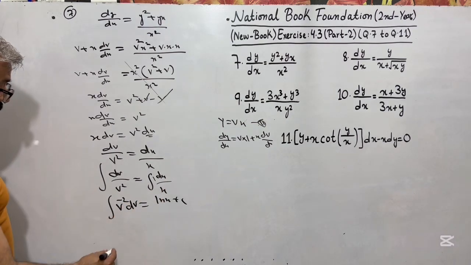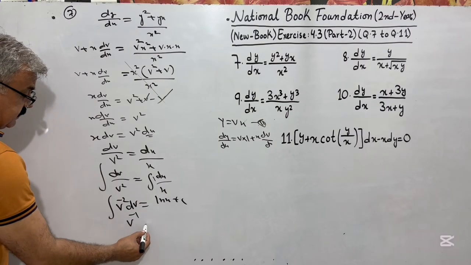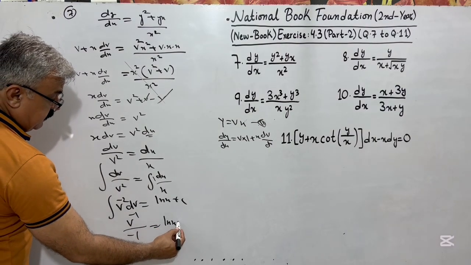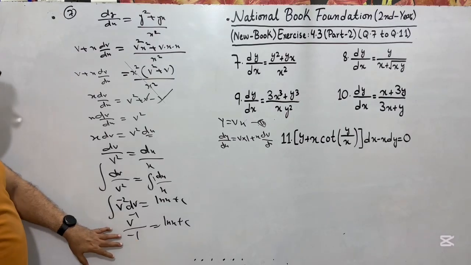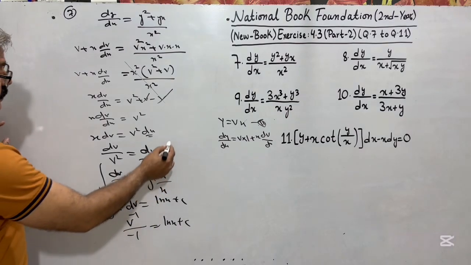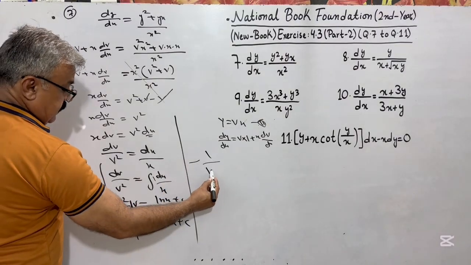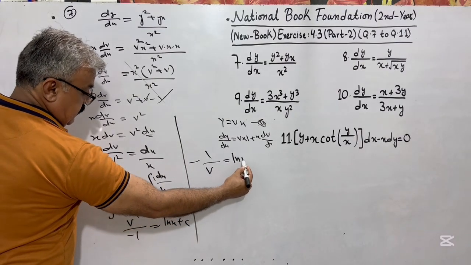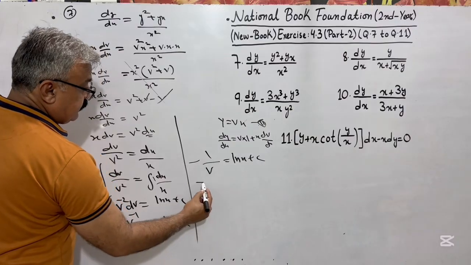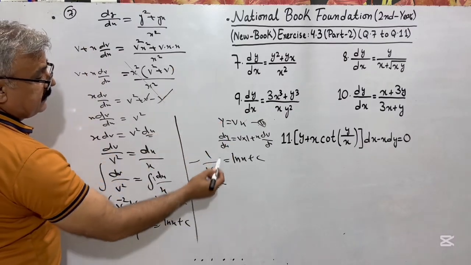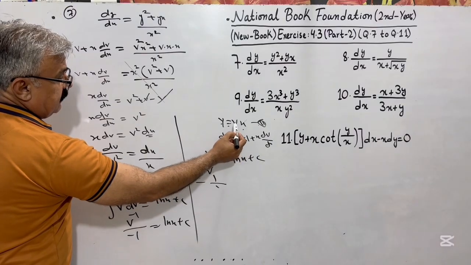Adding 1 to the power, we have v raised to minus 1 divided by the same is equal to ln x plus c. Okay, cool. Converting this exponential to something positive, it can be written as minus 1 over v is equal to ln x plus c. We have assumed y is equal to vx, so v means y over x.